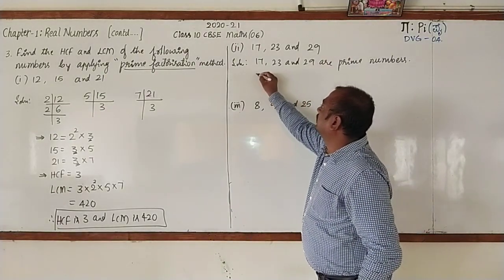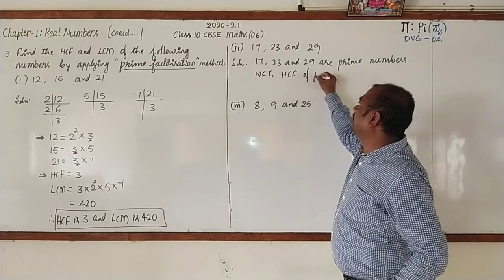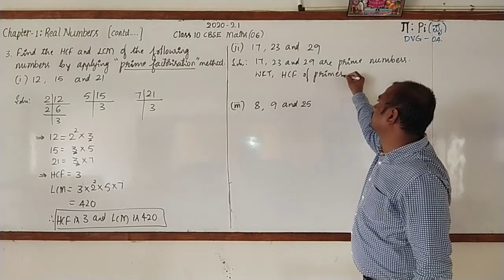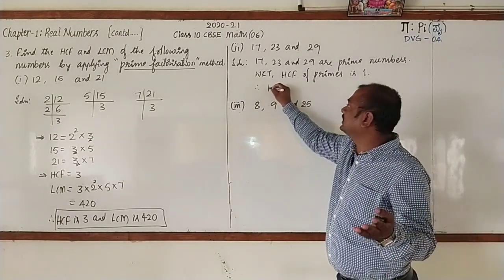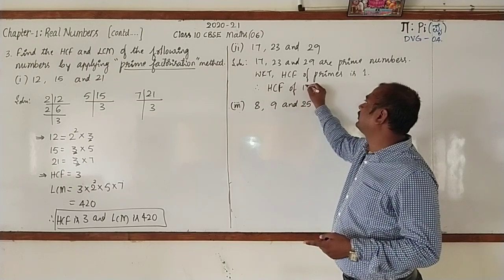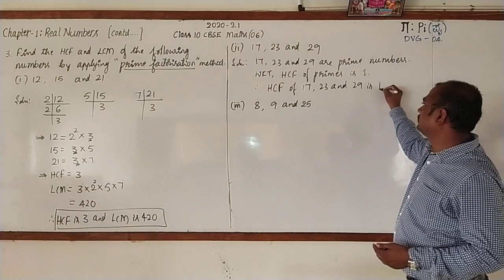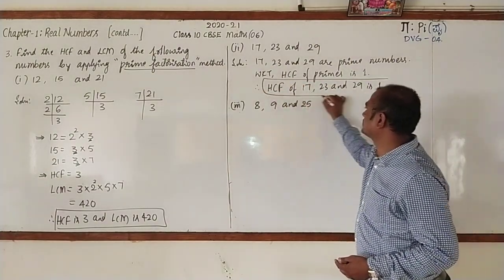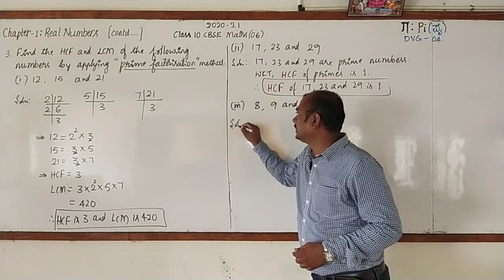So here I'll write, we know that the HCF of primes, nothing but prime numbers, is 1. Therefore, could you tell what is the HCF of these numbers? Yes, you are right. HCF of 17, 23 and 29 is 1. This is such a simple one. Now, let's move on to the third one.